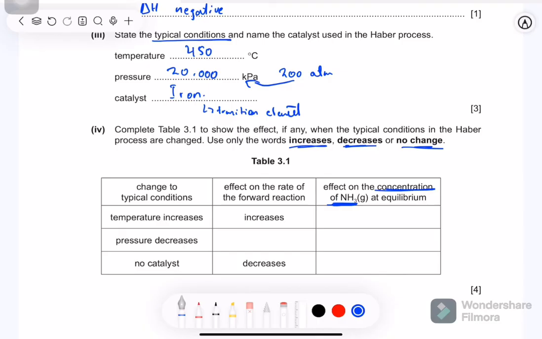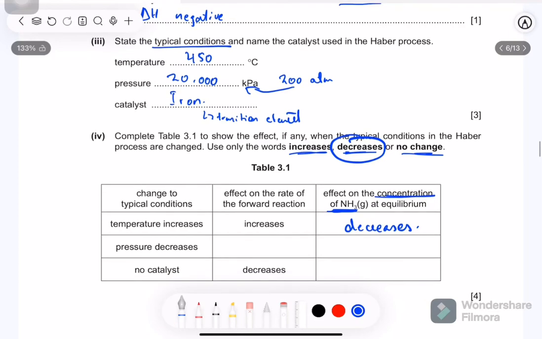Here however they have only asked about the concentration of NH3 and not the reason. So when the temperature is increased, the concentration decreases. We have to write only decreases. Why? Because the equilibrium shifts towards the left.